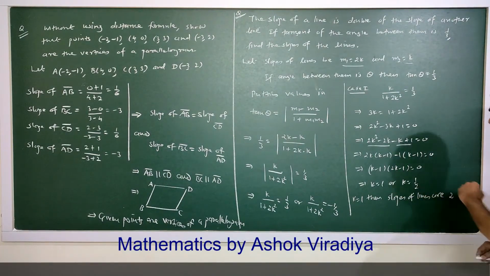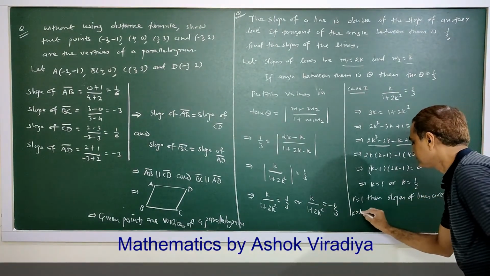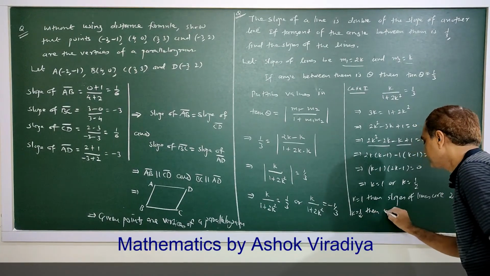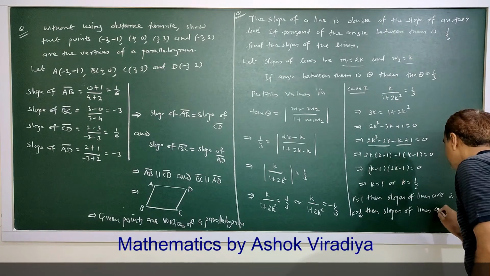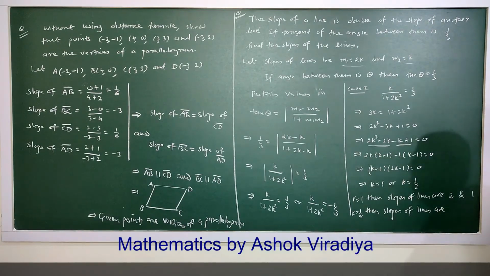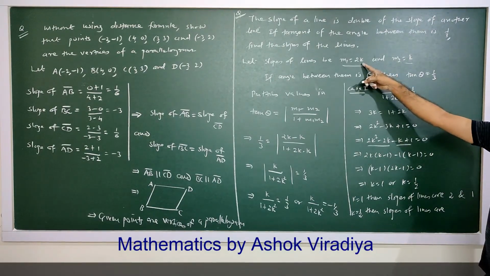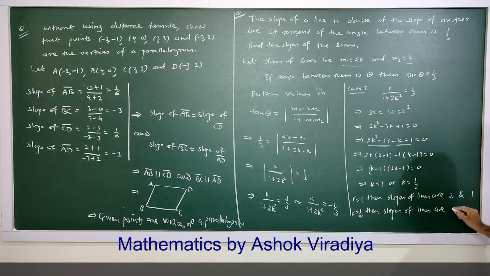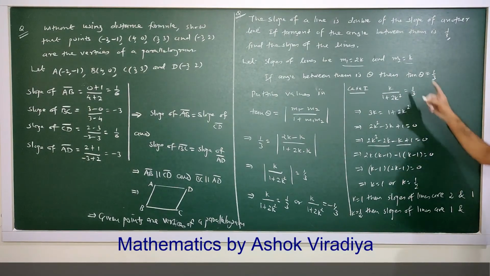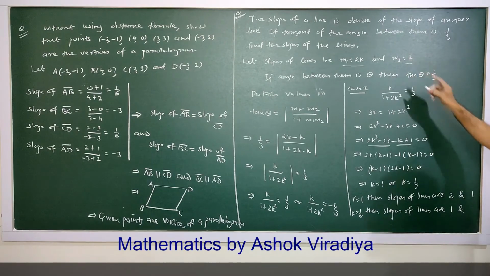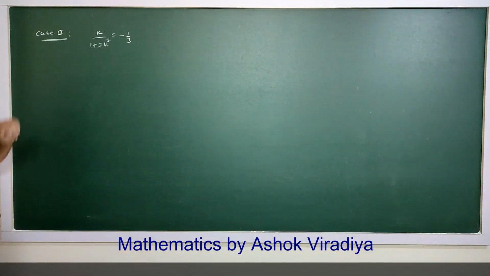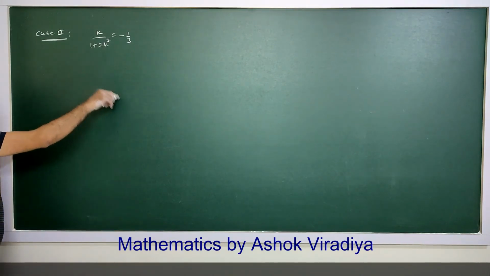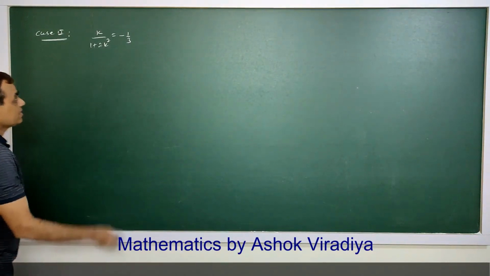If k is 1/2, then the slopes of lines are, putting here 1 by 2, 2 into 1 by 2 is 1, and k is 1 by 2. Case 2: k upon (1 plus 2k square) is minus 1 by 3.